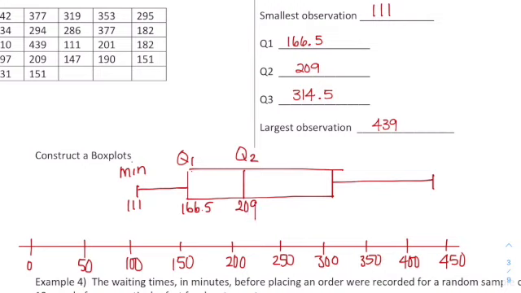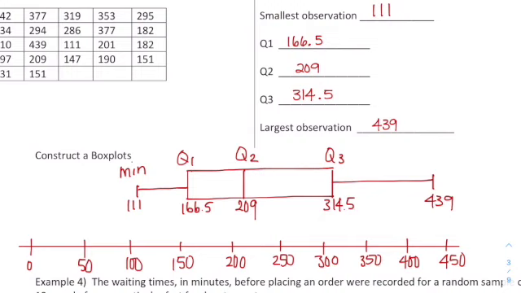And you have Q3, and that's 314.5. And then this is 439. And I think I made it a little bit too long here, so let's redraw that. Okay, and that is your box plot.